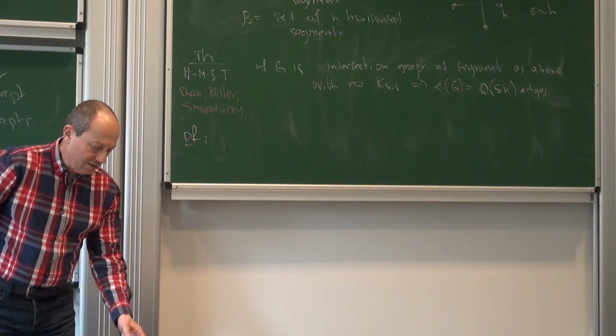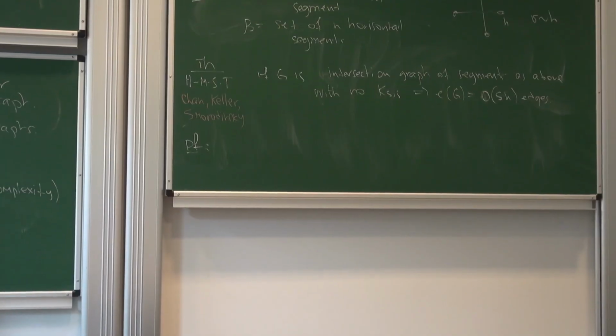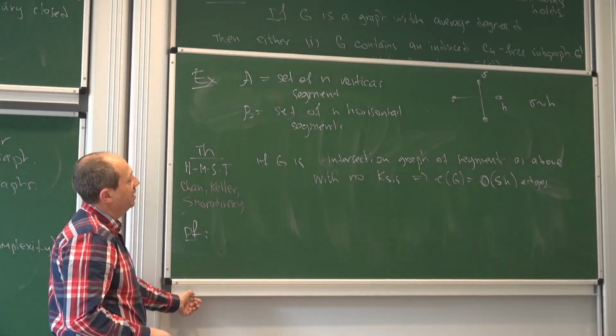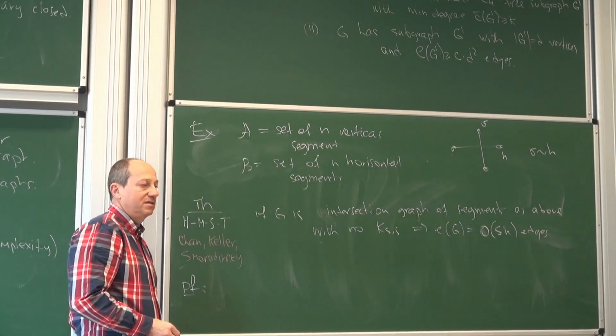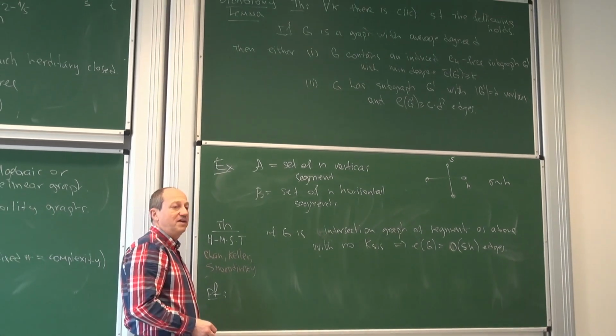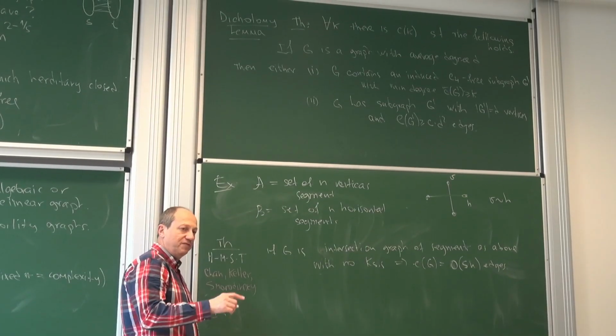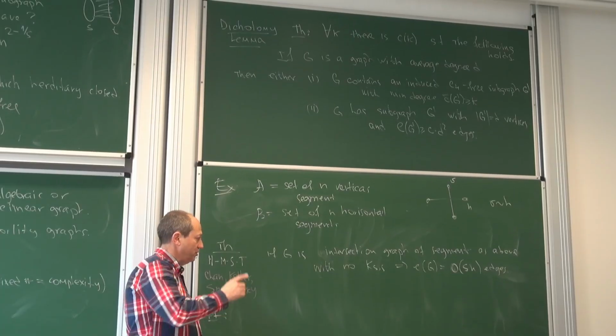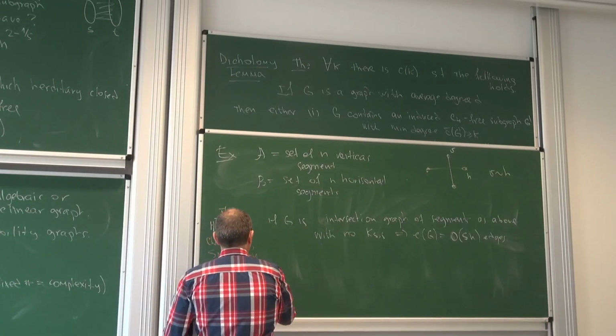Prove this result, and so I want to actually illustrate this lemma. So remember, the lemma says that I start with an arbitrary graph, and I either find inside an induced C4-free subgraph with minimum degree k, or a dense subgraph. And so I'll do this exactly here.